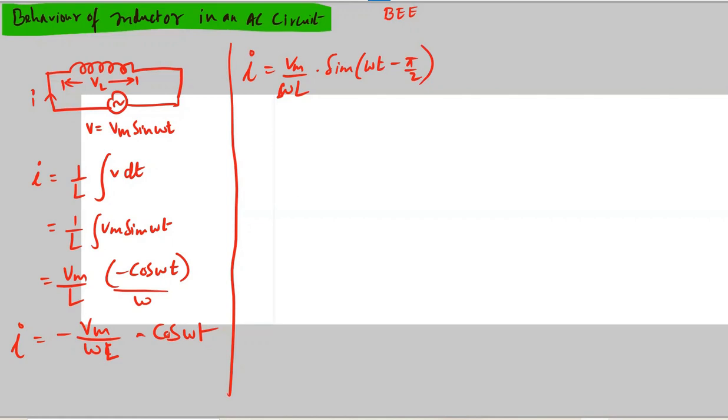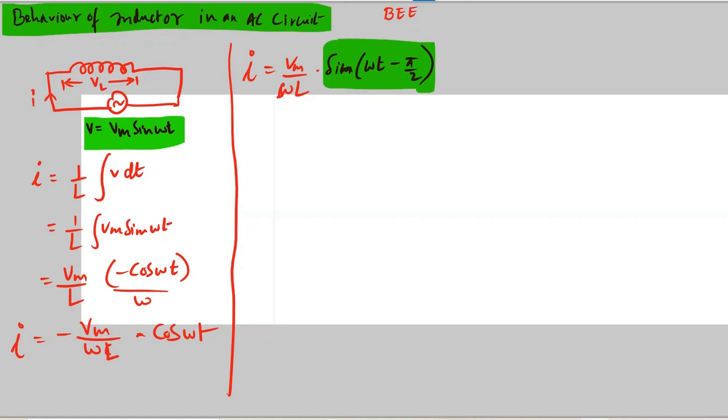So if you want to write cos as sine, you can do it like this. Here the expression for I also has sine in it, and for V also we had sine, but then there's a difference of 90 degrees.